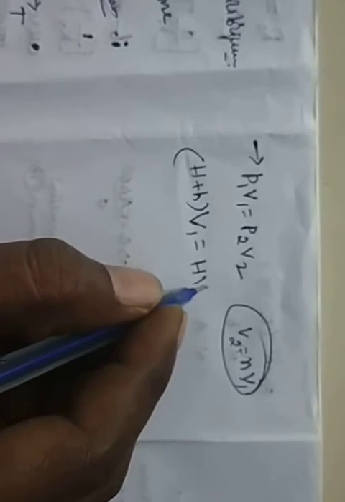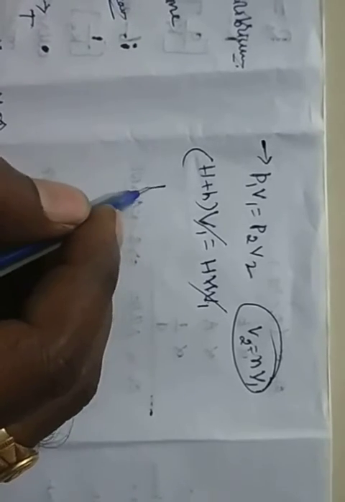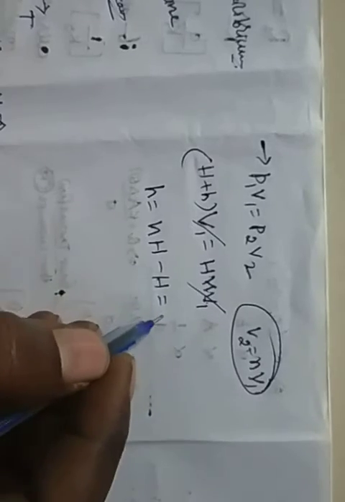If the bubble volume becomes n times, then you can write H n V1 and V1 gets cancelled. So h is equal to nH minus H, that is (n minus 1) multiplied with H. Okay. This is important.